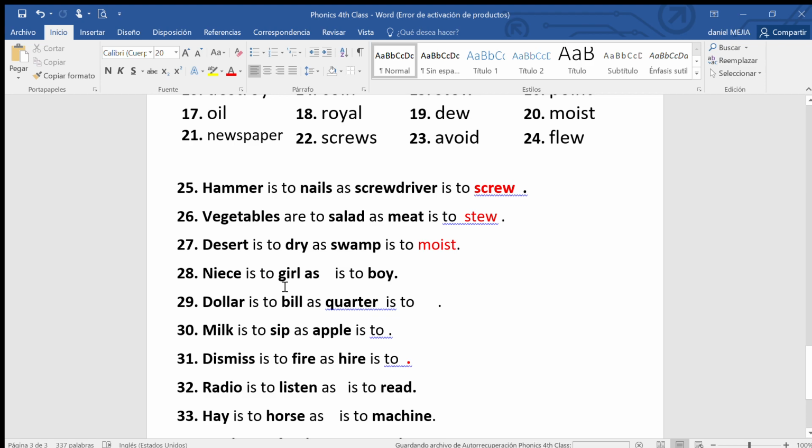Niece is to girl, as blank is to boy. Remember, your aunt's son is, for your mother, her nephew. Dollar is to bill, okay, like $1, $2, as quarter is to, what do you use? What is a quarter? It's a coin.